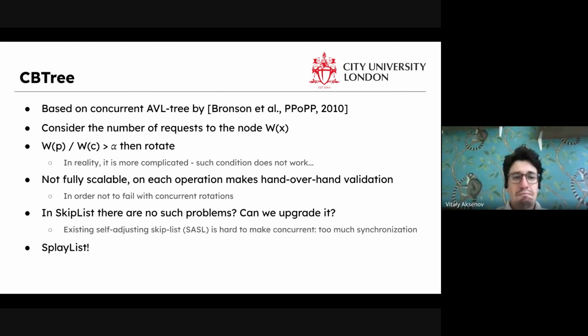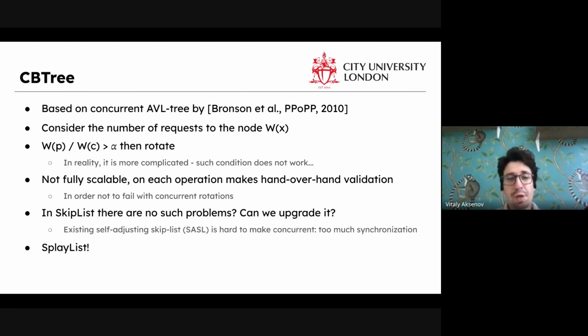And do we have such problems in SkipList? Apparently we do not. The main difference between SkipList and the tree is that you can never get to the wrong branch, because in the SkipList you will always find a next node.